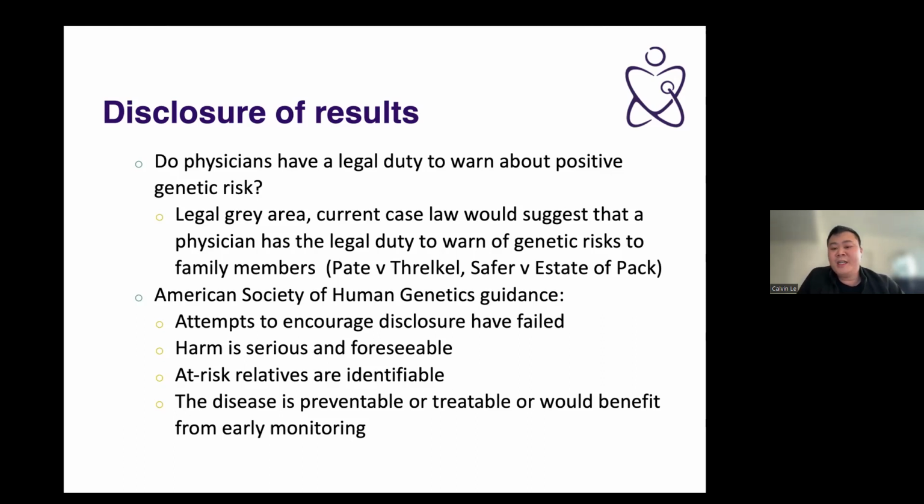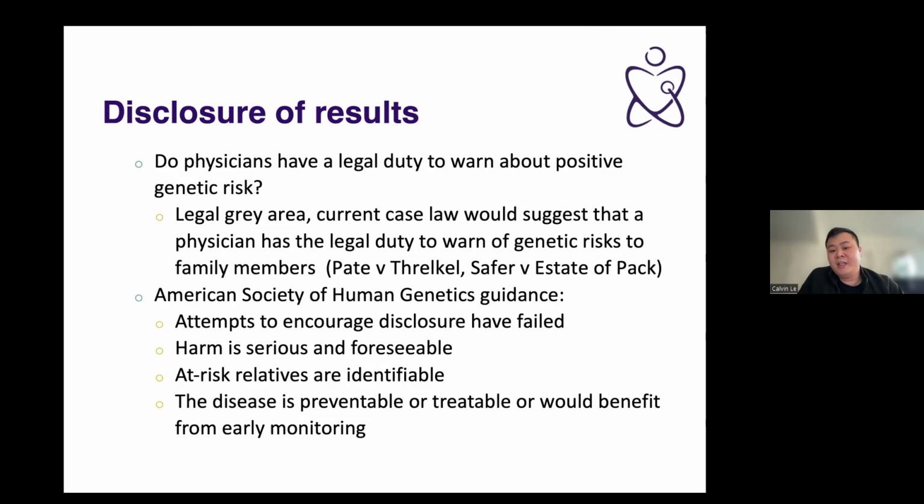Most case law would suggest that physicians do have a legal duty to warn family members of genetic risk, and there are two cases in this regard. The first is the Pate versus Threlkeld test case, which was about the physician's duty to warn.